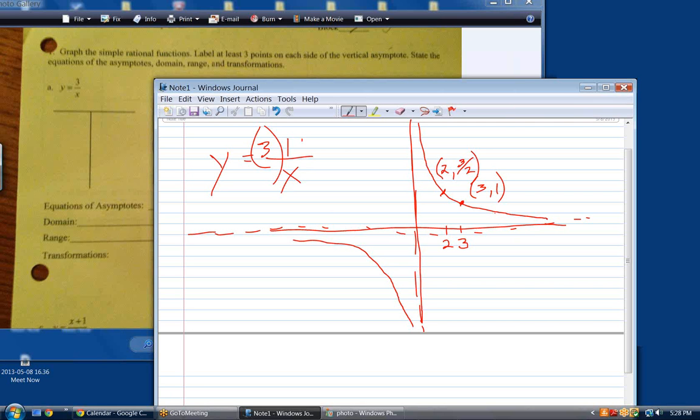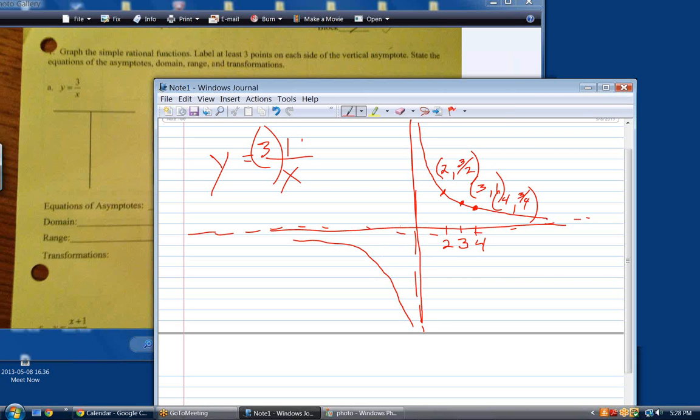Doesn't really matter what number you pick. Just pick any number that we haven't picked already. 4. Okay, what's y when x is 4? 3/4. Okay, that's all we needed to do there. Sorry, I just wasn't understanding. That's okay. And they wanted 3 points on each side of the vertical asymptote, so we need 3 points over here on the left, so pick some negative values for x. Could I just do the same numbers?